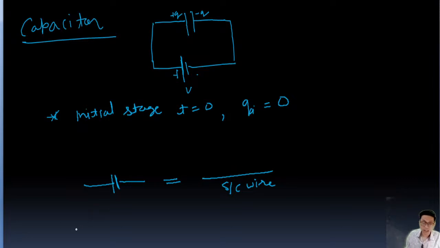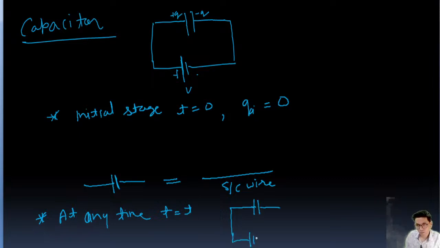Second is at any time t equal to t. So this is going to be like this. This is the capacitor, plus and minus, and this is the voltage.